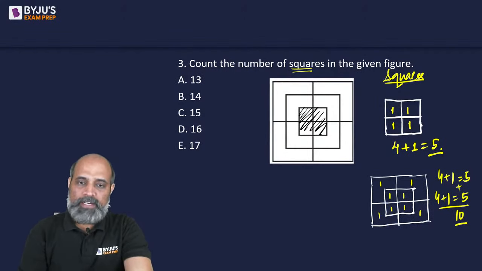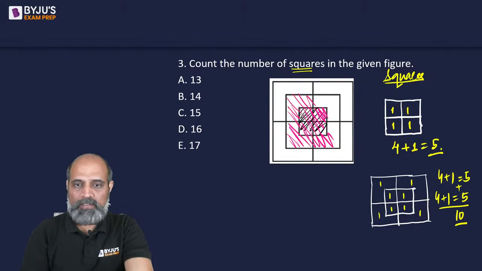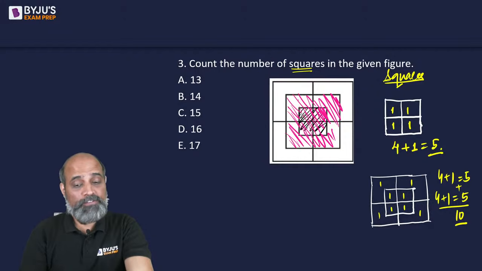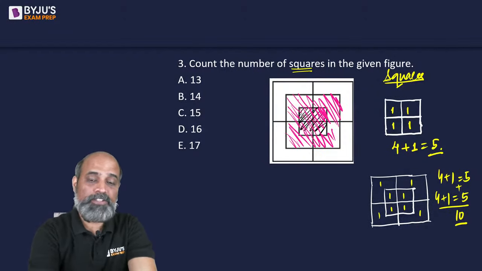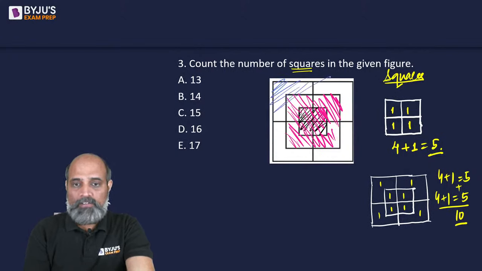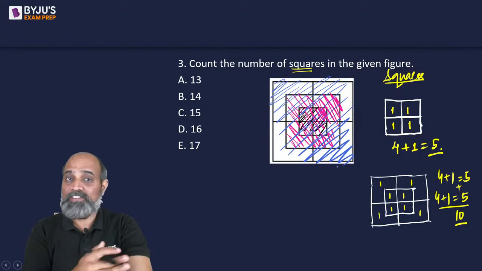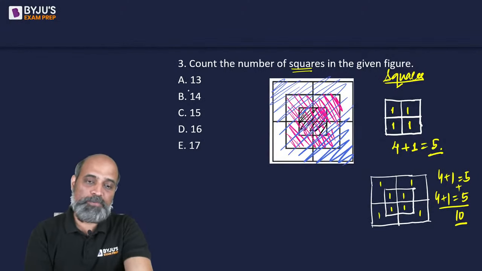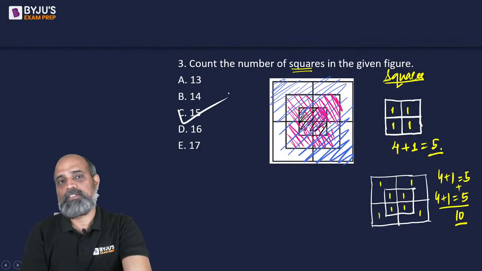Then you are going to get 4 plus 1, 5 squares from the middle square. That is another 5. And then you get 4 plus 1, that is 5 in the largest one. So you get 5 in each. These will add up to give you 15. So 15 हो जाएगा answer.